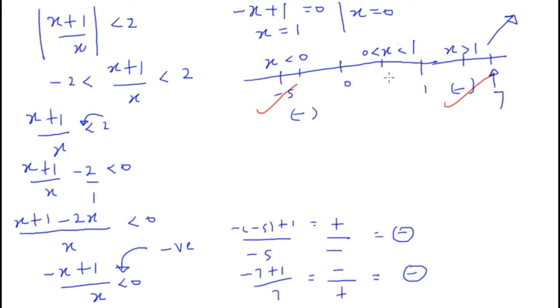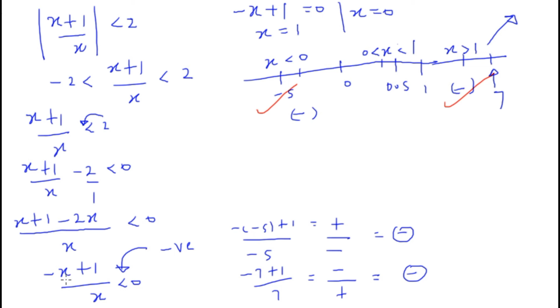Notice that this region would, however, not satisfy the inequality. So let's say I pick a value in this region. I'll probably pick a number between 0 and 1, that's supposed to be 0.5, that's half.